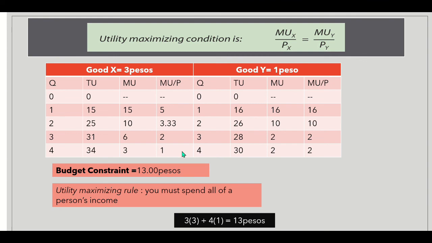So not only did it meet the ratios but it also satisfied my budget constraint. So that would be the combination for the amount being sold: 3 units of good X and 4 units of good Y to maximize the personal satisfaction of the person consuming them.